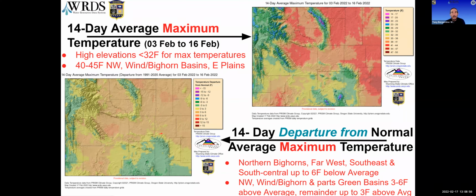Looking at the departure from normal, it's kind of the same story: down here in the southeast, south central, and then the far west and northern Bighorns, we're seeing a negative departure, so cooler than average. But the rest of the state is 3 to 6 degrees above average, with a few areas up to 9 degrees above the average.